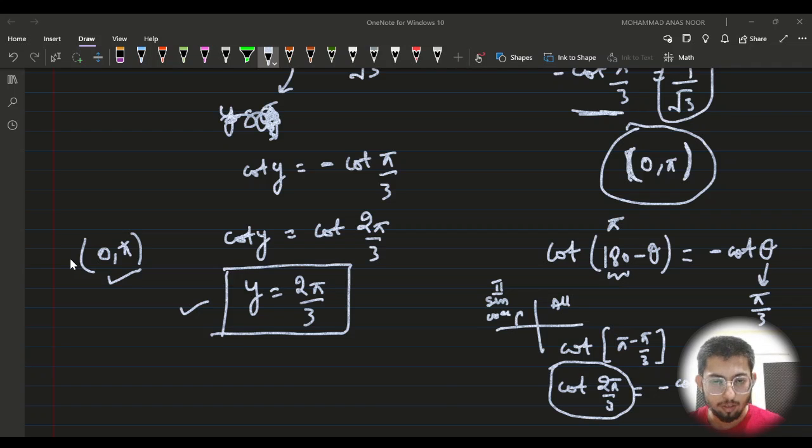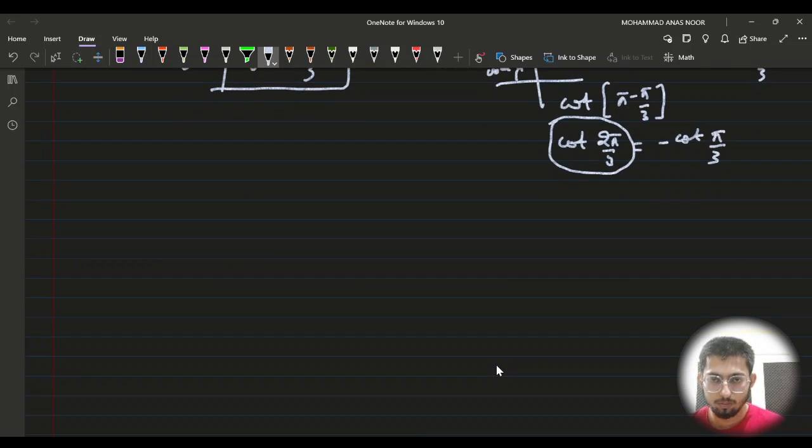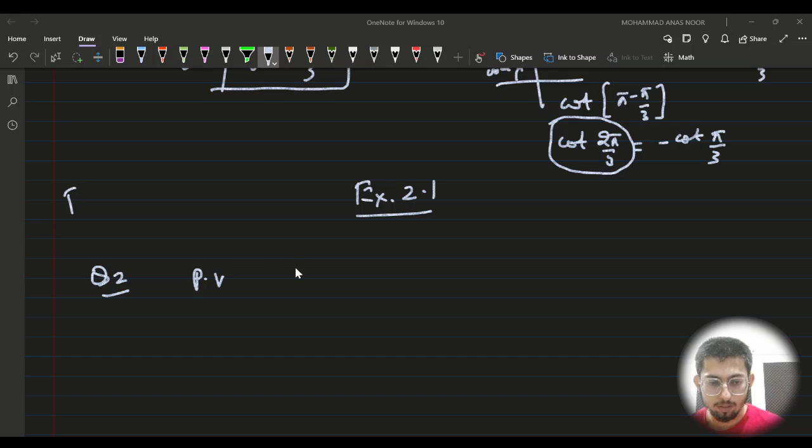Let's do question number 2, Exercise 2.1. It says you have to find the principal value of cos inverse root 3 by 2.